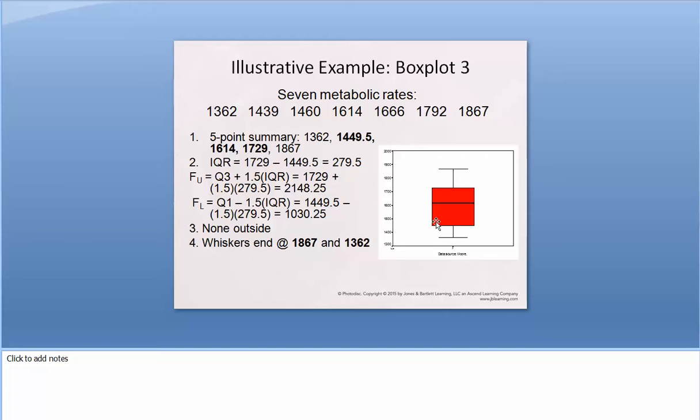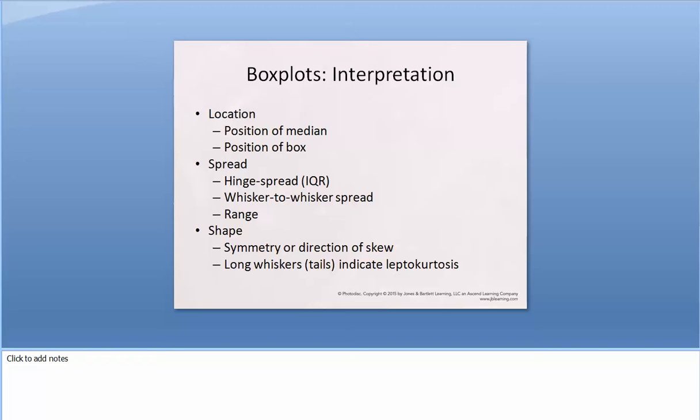So another example, you can see this is the median again. Now in here there are no outliers. You can go over them a little bit more, just to get an idea. Now as we talked about, the position of the median and the position of the box tell you the location.